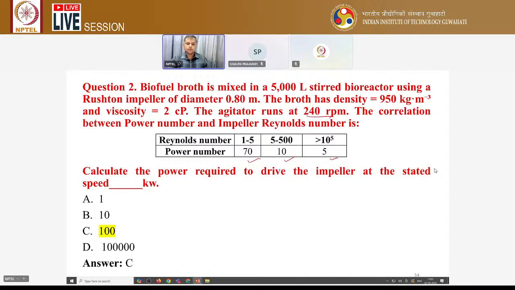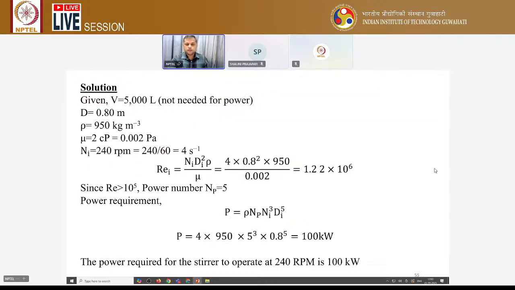So for that, first you have to calculate the Reynolds number. Then you find the value of power number. And once you get that, then depending on laminar or turbulent flow, you can calculate the power requirement. How you get the Reynolds number is Re as N Di square rho upon mu.